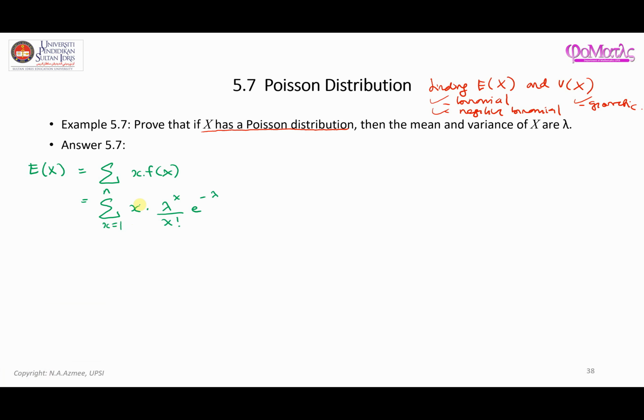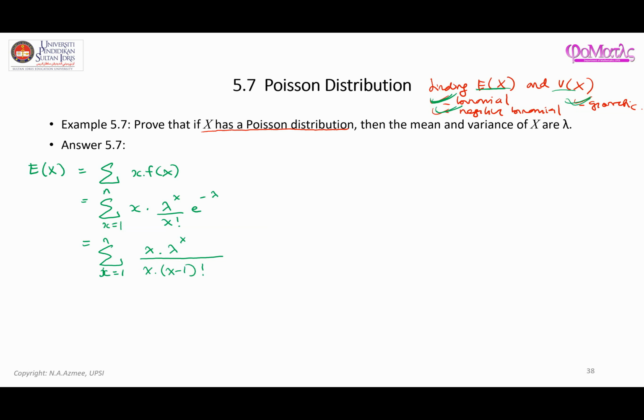Next, we're going to try and get rid of x here. We can write this bottom part, x factorial, as x times (x minus 1) factorial. This is what you have already seen many times when I discussed finding the expected value of x or variance of x for all those cases.